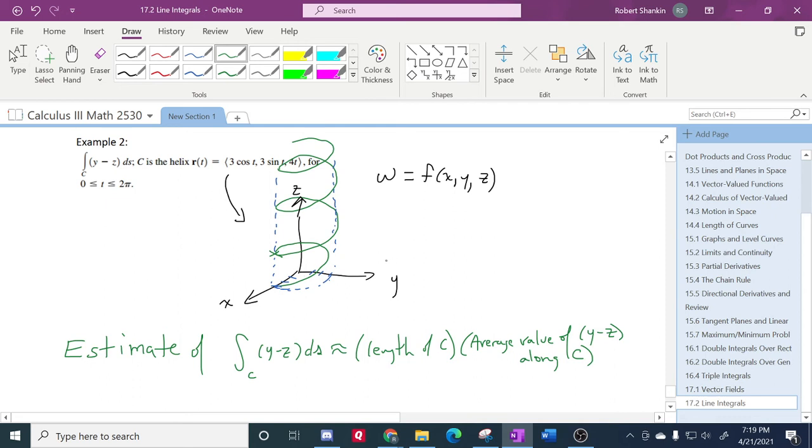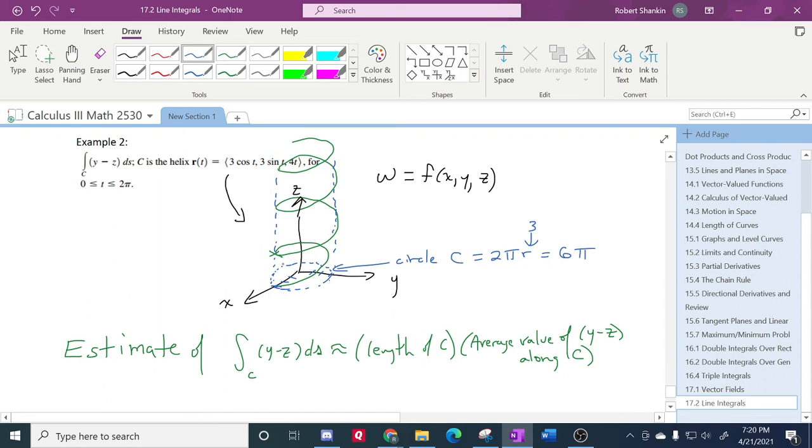If it was on the xy plane, the circle down here, the circumference equals 2 pi r. R is 3, so it's 6 pi.